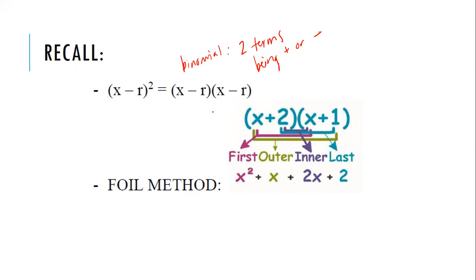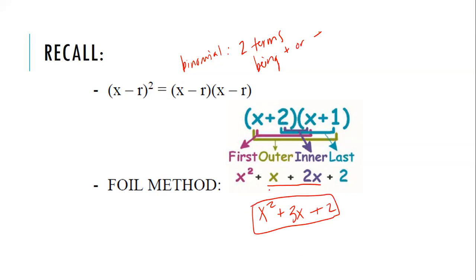And to multiply the 2 binomials, we use the FOIL method. The FOIL method, you multiply your first terms in each binomial first, then you multiply the outside terms and the inner terms, and then the last term of each binomial. And then from here, you combine like terms, and you get x squared plus 3x plus 2.